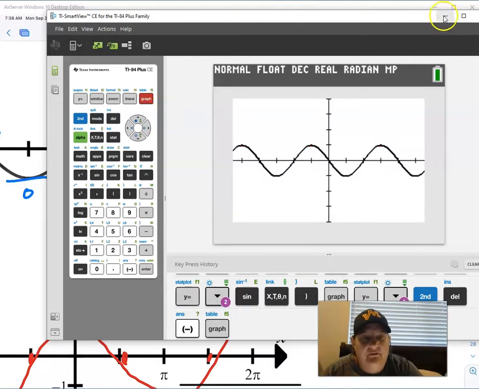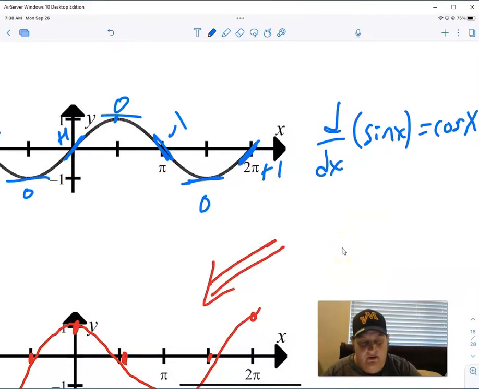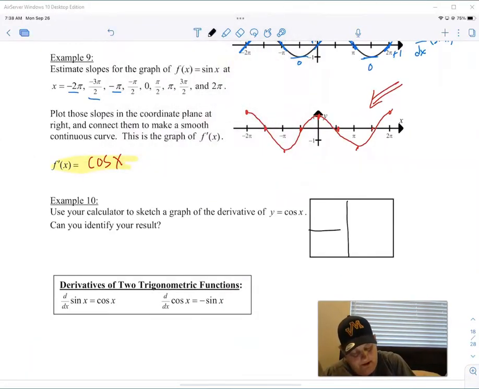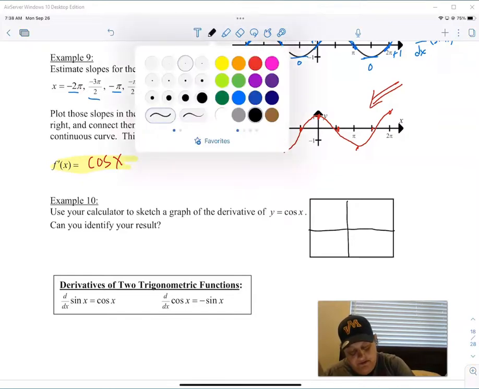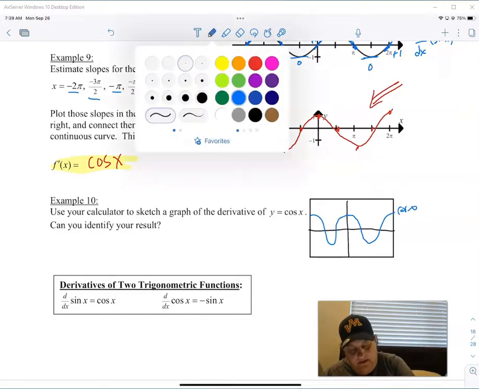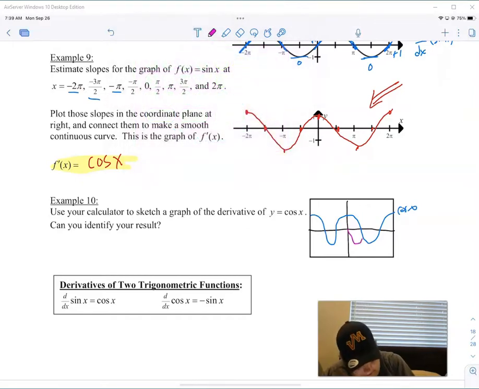All right, perfect. So now we just made our next derivative statement. All right, so this was cosine. And then this was the derivative of that.